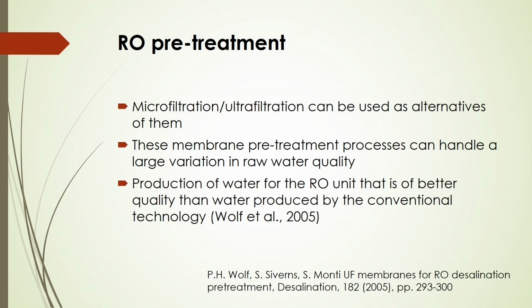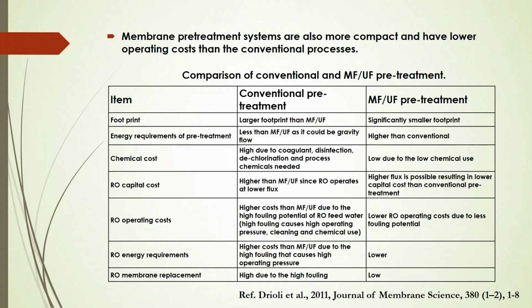And if you are using that RO process, you will see that it gives better quality than what is produced by the conventional technology. So, that is why reverse osmosis-based membranes are used for this process intensification based on microfiltration and ultrafiltration, to have that intensified way of process.